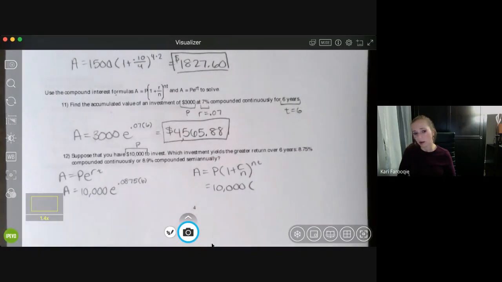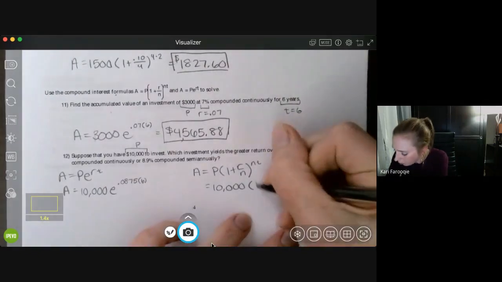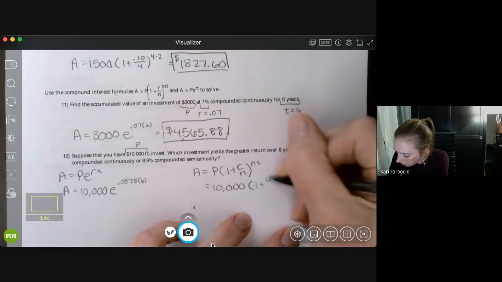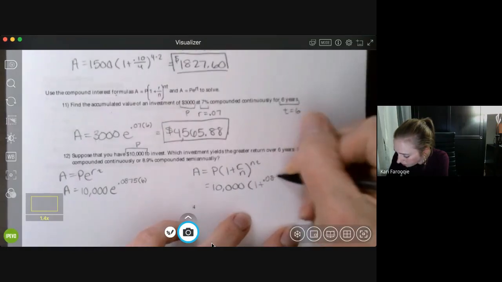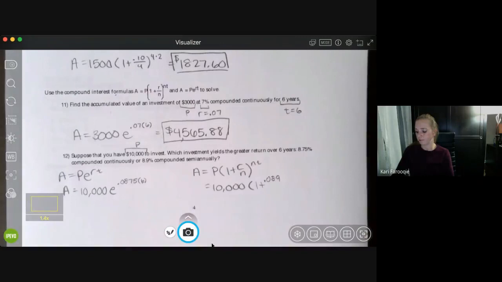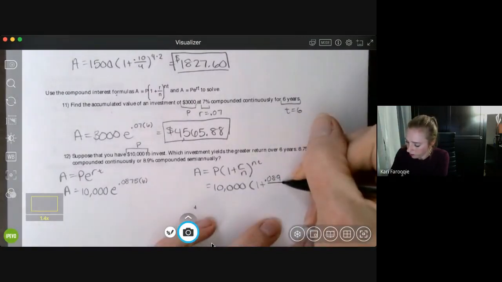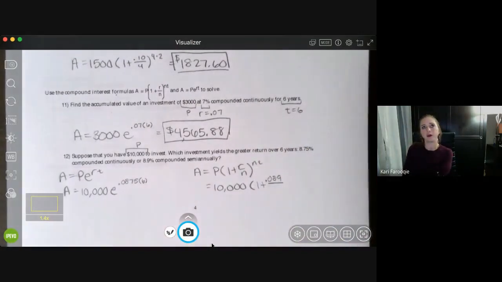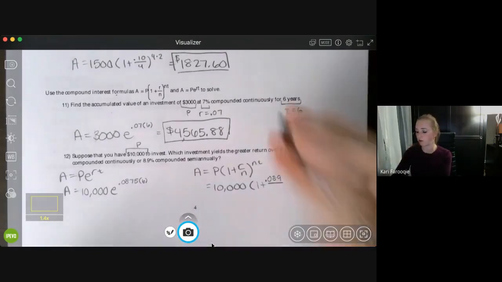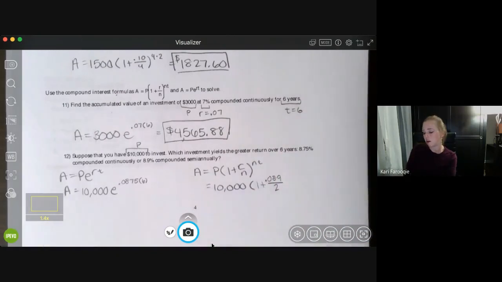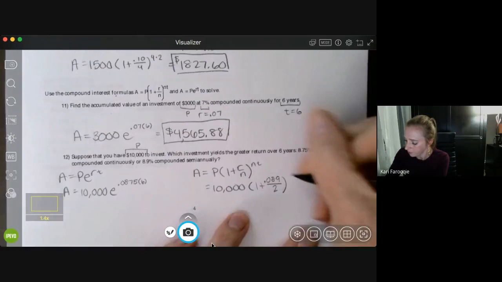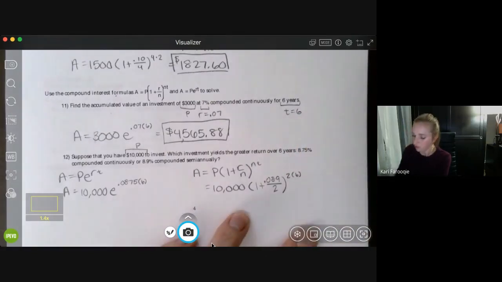However, you're not compounding as often. So 1 plus r, 0.089, over n. Semi-annually, it's not necessarily always clear. Semi-annually means twice a year. So if you're very into the sales and you know about the semi-annual sales, you know it happens twice a year. So semi-annual means 2 times. And then we have 2 times 6.